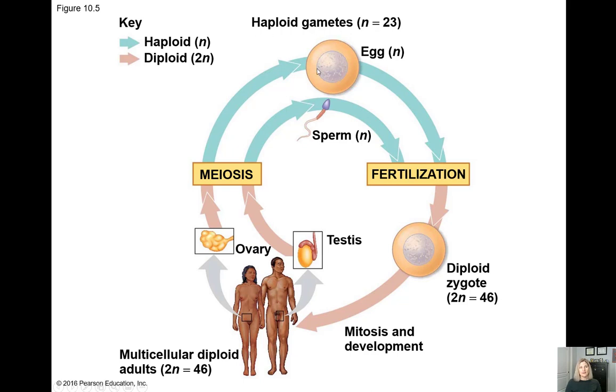Once we have our haploid gametes, we can have fertilization take place with a 23 chromosome sperm, haploid, and a 23 chromosome egg, haploid, to unite under fertilization to form a diploid zygote. That diploid zygote has 2 sets of chromosomes now, one from the sperm, one from the egg, and it will undergo mitosis to grow into an adult.